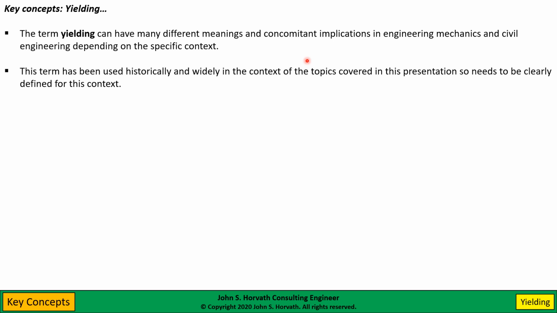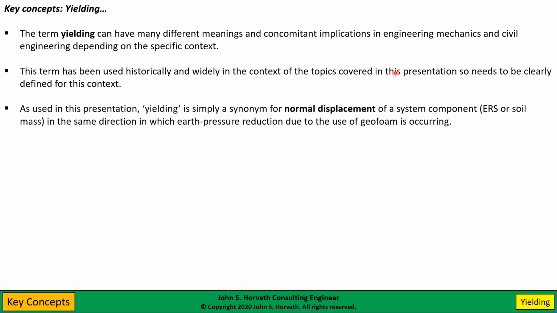I'm pointing this out because the term yielding has been used historically, and this goes back to at least the mid-1980s, perhaps earlier, in the context of the topics in this presentation. So it's very important that I clearly define how we use the term yielding as it applies to earth pressure reduction using geofoam.